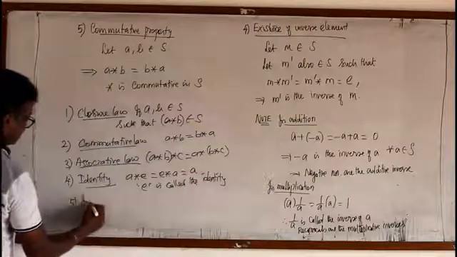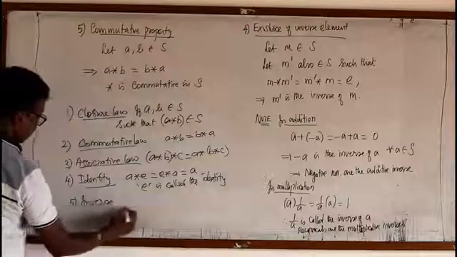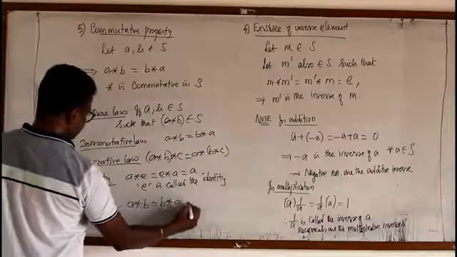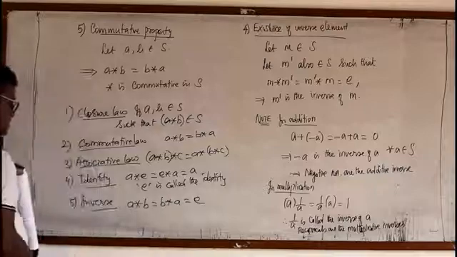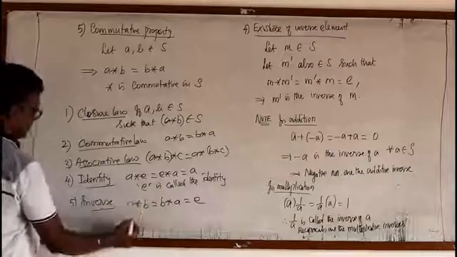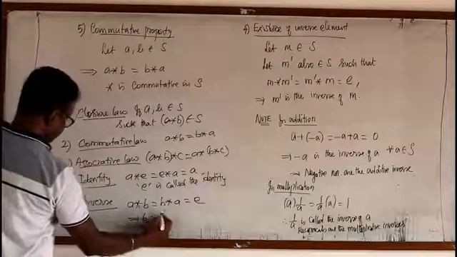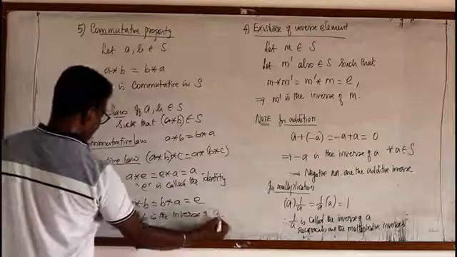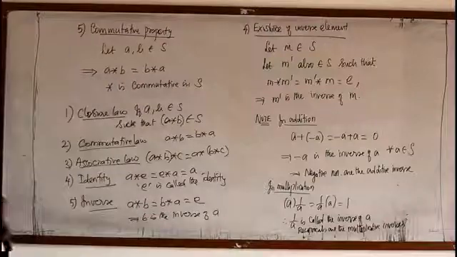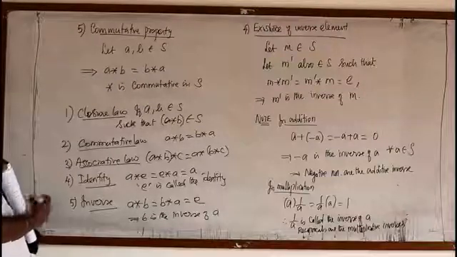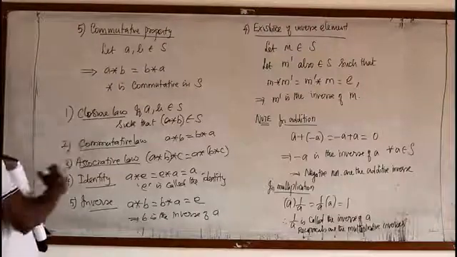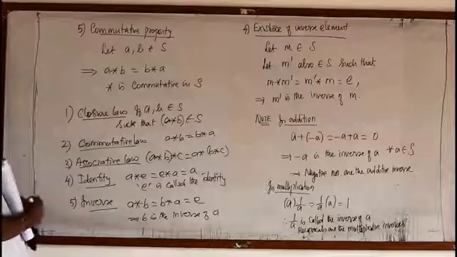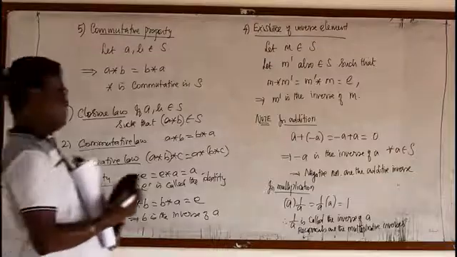Then inverse. If I operate any two elements A star B or B star A and I get the identity as the answer, then one of the elements is the inverse of the other. That means B is the inverse of A or A is the inverse of B. So these are the 5 laws that you must know on sets. These are the things that we are going to deal with in this chapter. It is known as discrete mathematics.